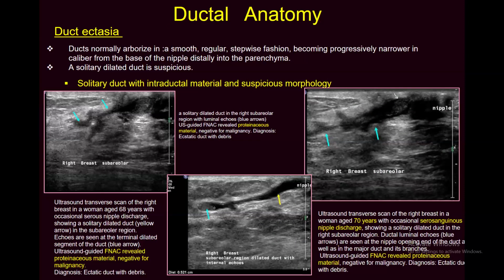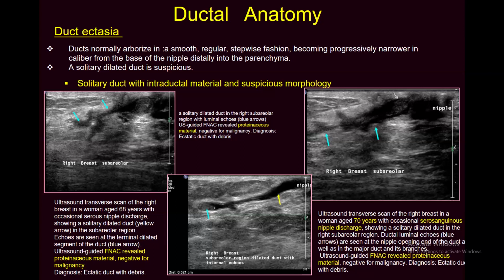And the ducts, as we mentioned, have to be echo-lucent or anechoic. Also, they are tapered in a smooth, stepwise fashion, becoming progressively narrower in caliber going toward the parenchyma.